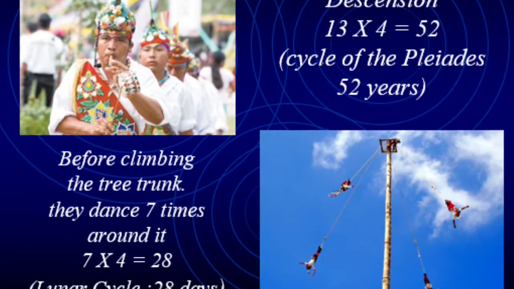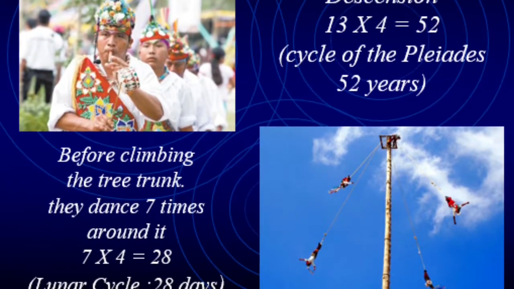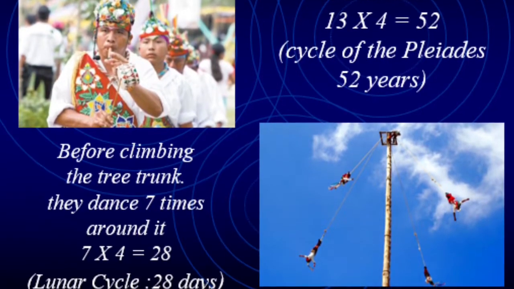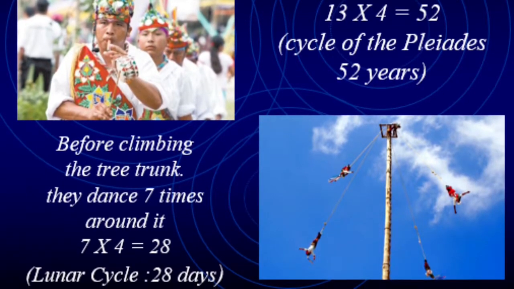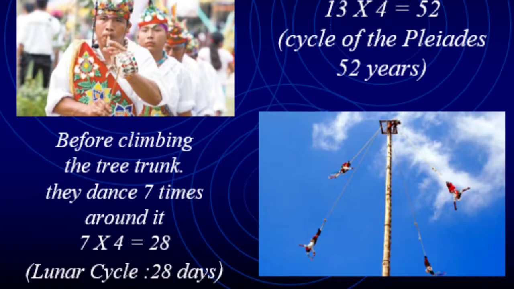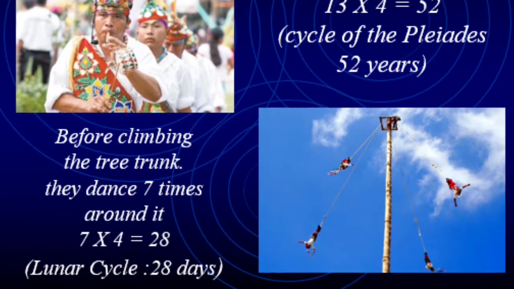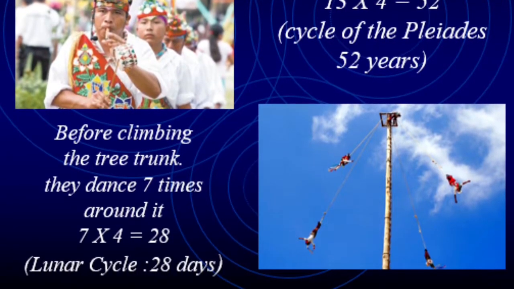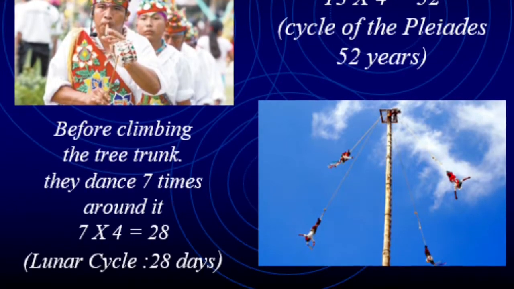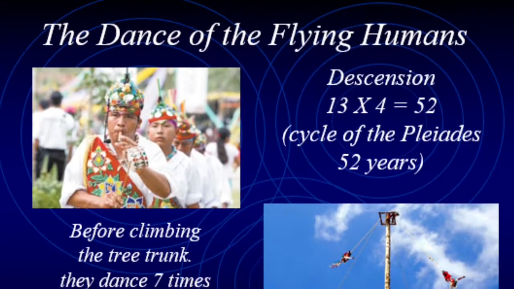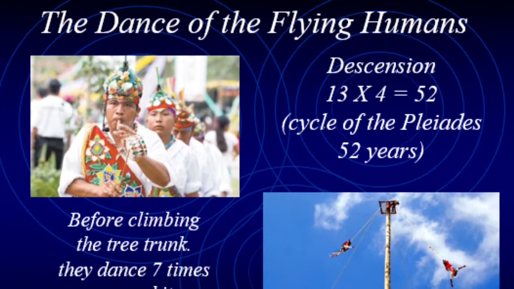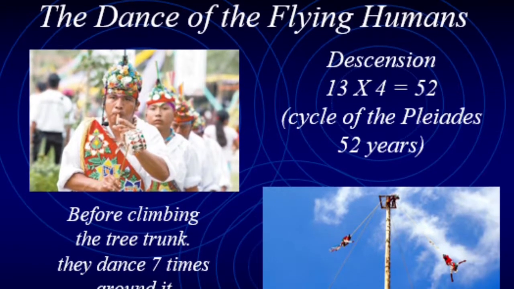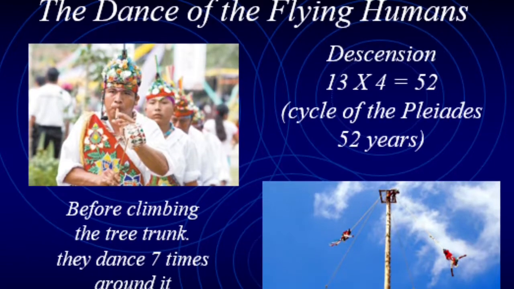Before climbing the tree trunk, they dance 7 times around the pole. 4 dancers dance 7 times around the pole. The one that is in the center does not move. And of course, as you can see, 7 by 4 is 28. The lunar cycle, 28 days.